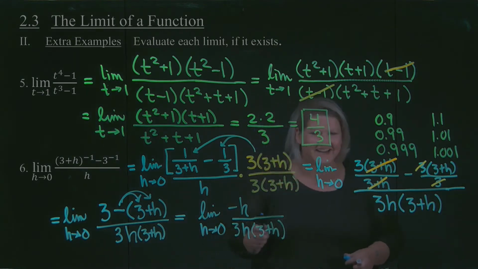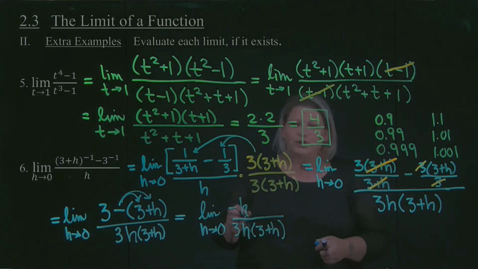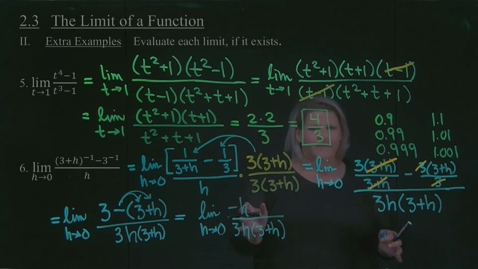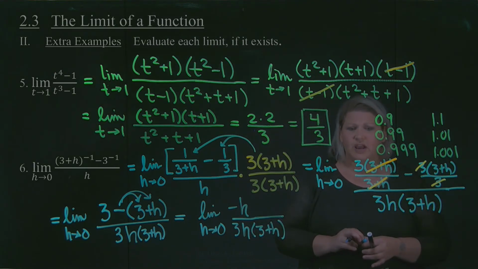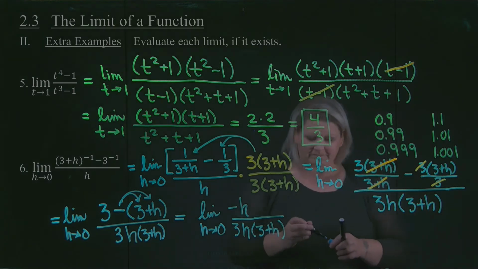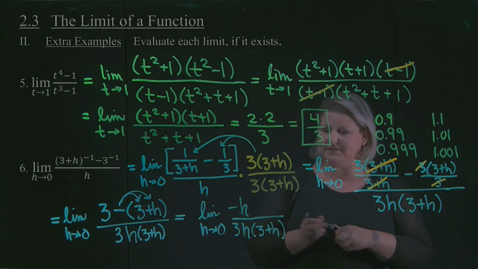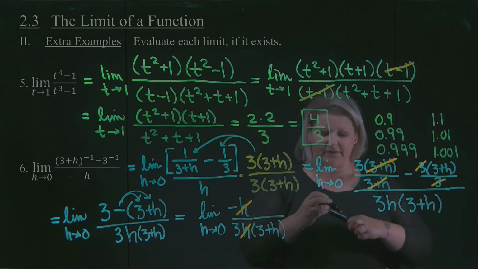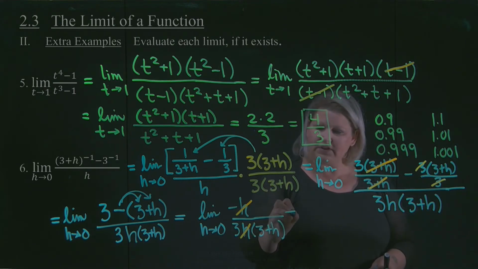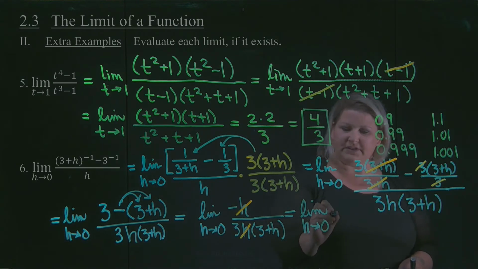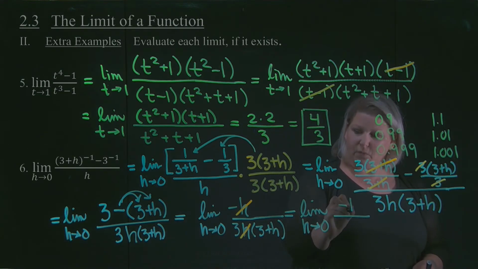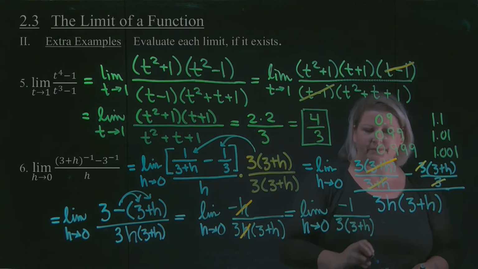I got too excited. Okay, so for the numerator, it's simplified to negative h. In the denominator, I've got that 3h times 3 plus h. However, notice what happens. Pow, pow, cancel. So I'm just left with the limit as h approaches 0 of negative 1 over 3 times 3 plus h.